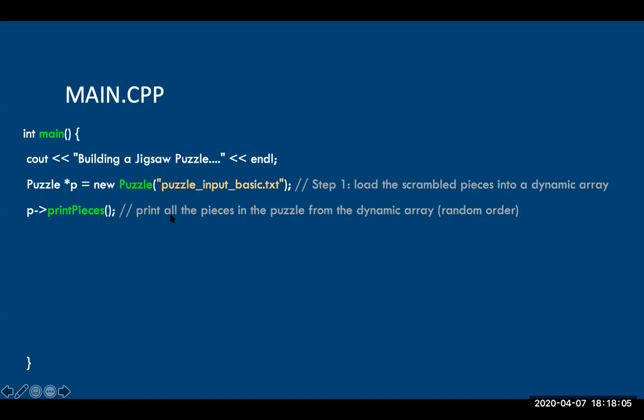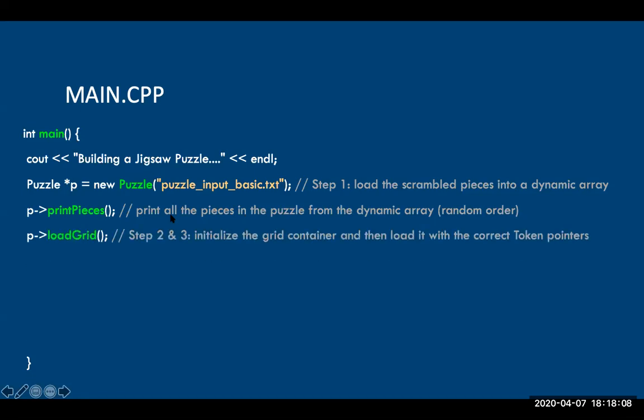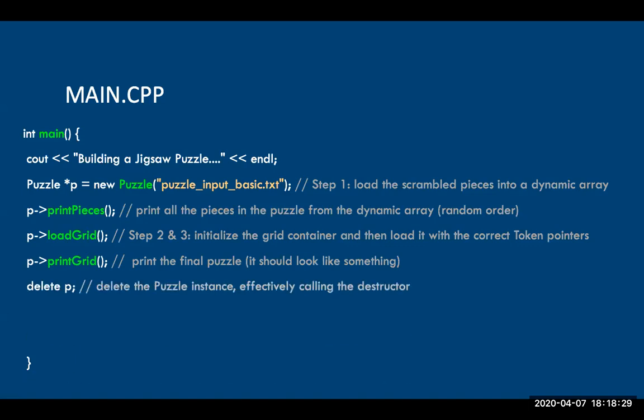And then we can print the pieces, and after that, we can go ahead and load the grid, which is going to initialize the vector to the right size, and then put the pointers in it from the pieces pointer that's a member of the puzzle instance. Okay, so those two things I've separated intentionally to make sure you get one before you move on to the next one. And then we can print the grid, which should print the picture for the puzzle.